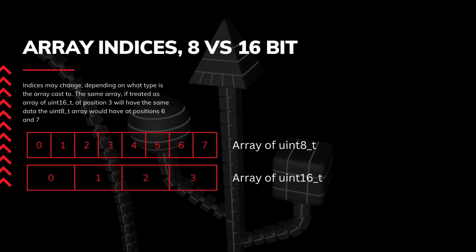Another thing to keep in mind is the indices of the array when it has been cast to 8-bit or 16-bit values. Here on the slide, I have the same array being cast to 8 and 16-bit values. To access the bytes 6 and 7 of the data, I have to use indices 6 and 7 if this is an array of 8-bit values, but index 3 if the array has been cast to 16-bit values.